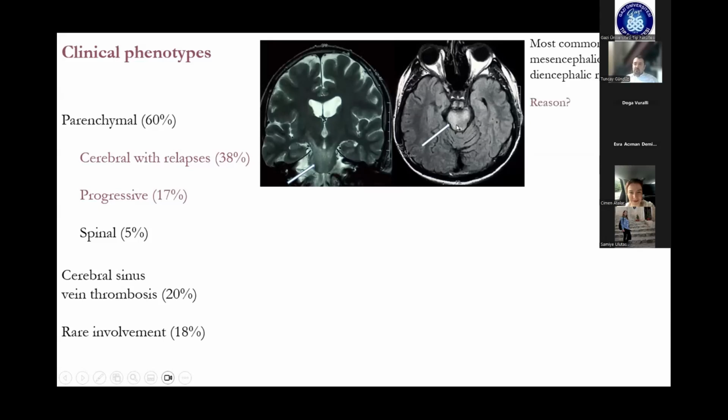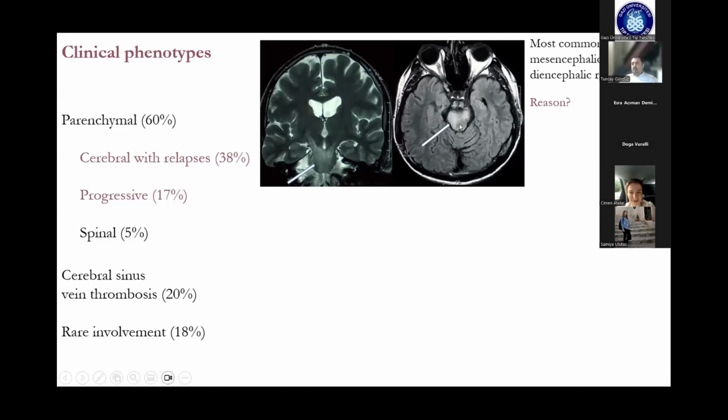So when you do a contrast MRI, you may see that a small part of the lesion is contrast enhancing. When you administer corticosteroids in this period, you see a rapid resolution of the lesion. So we think most of this image finding is due to the edema of the inflammation.